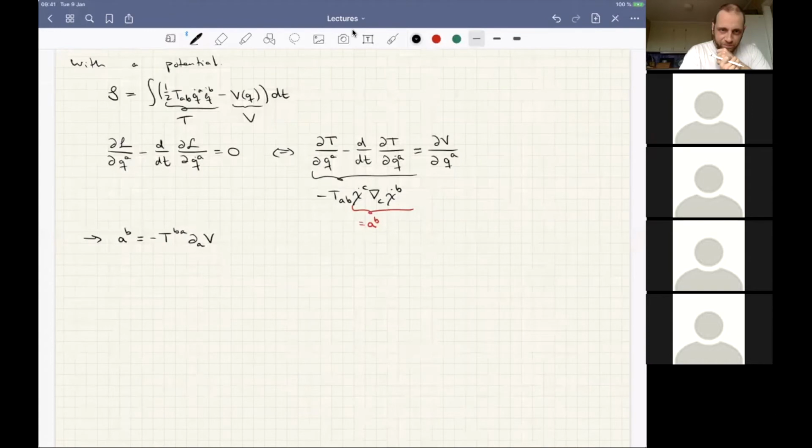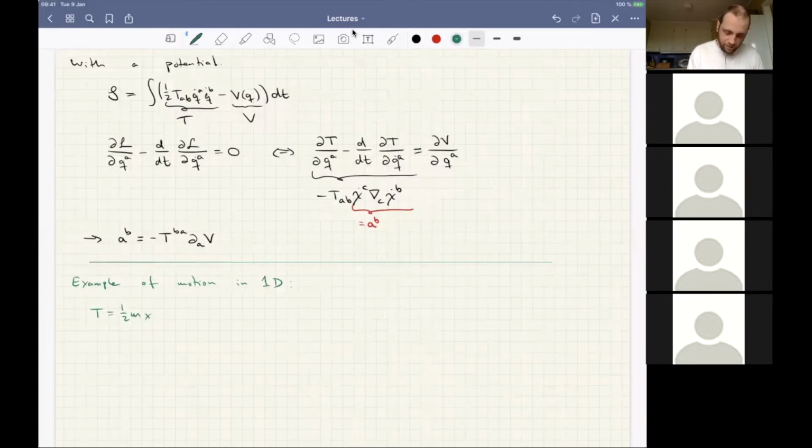Isn't it Newton's? No, exactly. I mean, this is just a generalization of Newton's equation. For example, if we take the example of motion in just one dimension, then we would have T equal to 1/2 m x dot squared, and we would have some potential V of x.